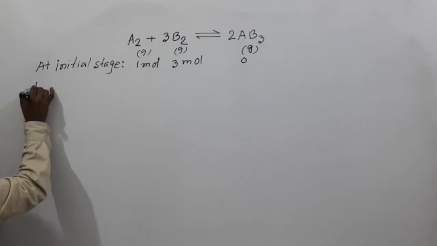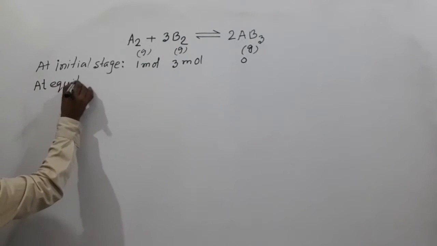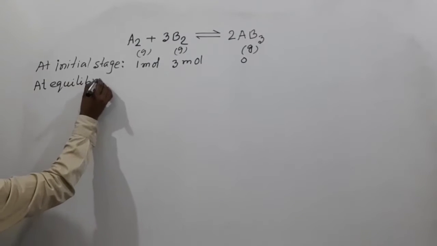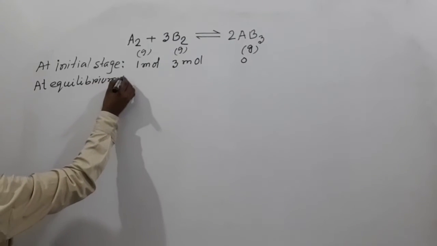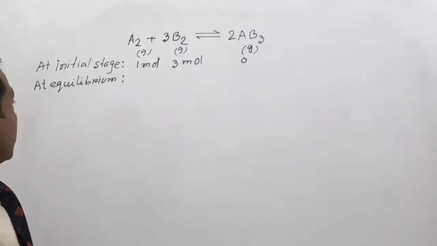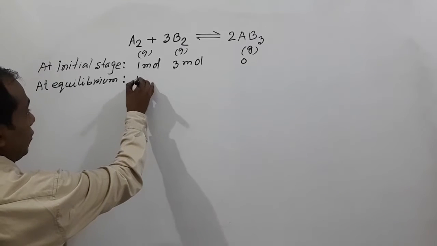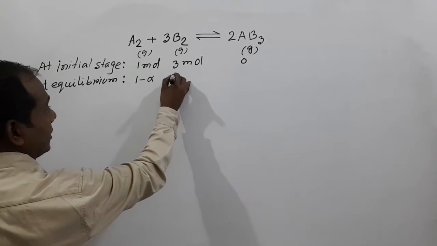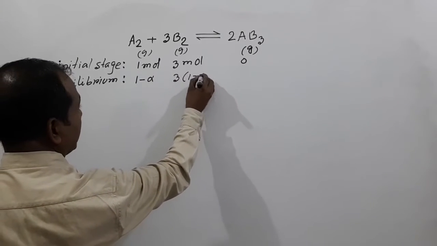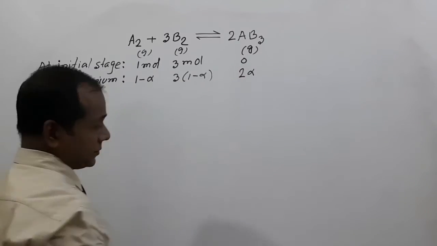But at equilibrium, the degree of dissociation is given as alpha, so here we get 1 minus alpha, here 3 into (1 minus alpha), and the product is 2 alpha.